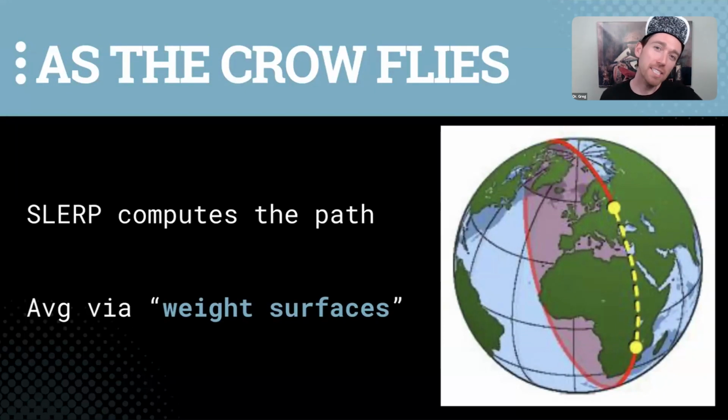If we consider that models have weight surfaces, what SLERP is doing is using this simple idea to compute the smooth path that averages the two models together while maintaining their unique model weight surfaces. Which is a very cool idea. And again, all these things are cool intuitively, but it turns out they actually work.